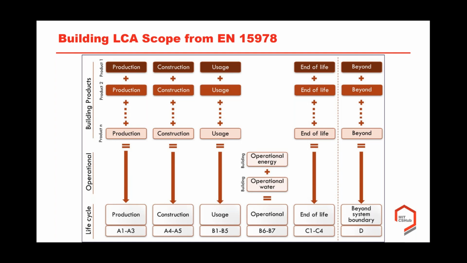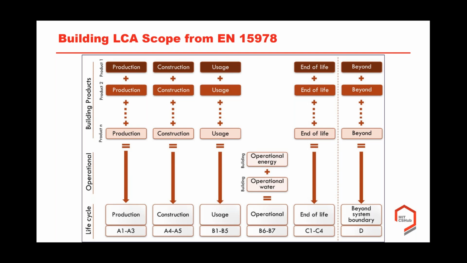And essentially, it's broken down the life cycle into those 6 broad categories that you see at the bottom there: production, construction, usage, operation, etc. And the letters and numbers below them, A1 to A3, and etc. There are even more specific categories that I haven't included here, just to not make it too cluttered. But essentially, they get more specific about particular elements of the life cycle.